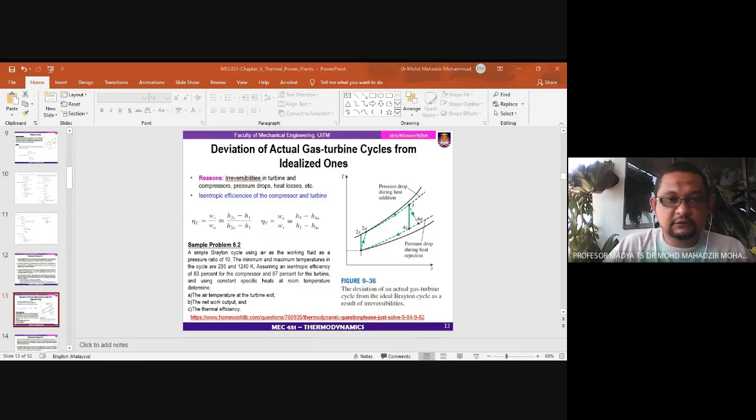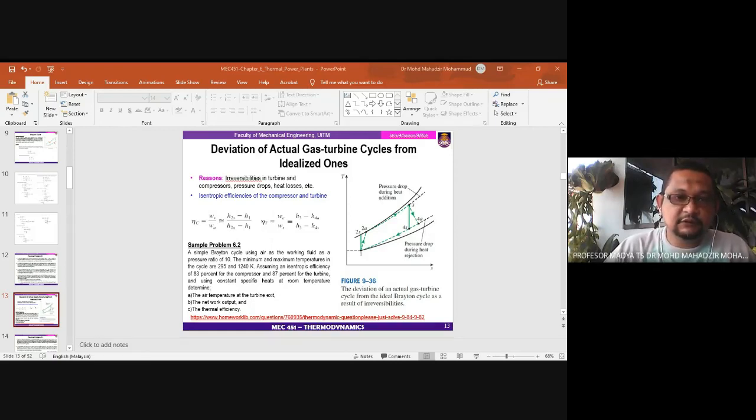Then list down all the data given in the question, and you must find each value of the temperature in the graph. From here, temperature 2 has been found. Temperature 4 has been found based on what I have taught you about when the process is isentropic.